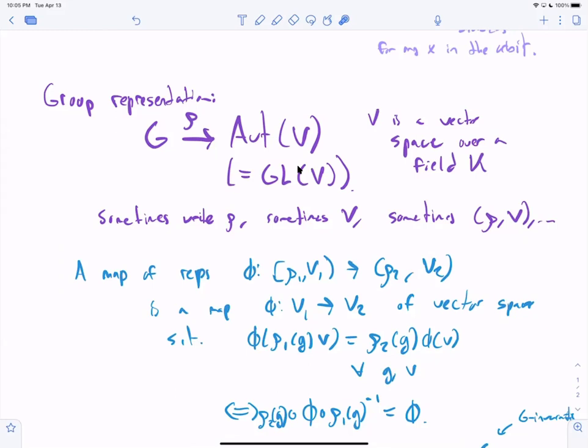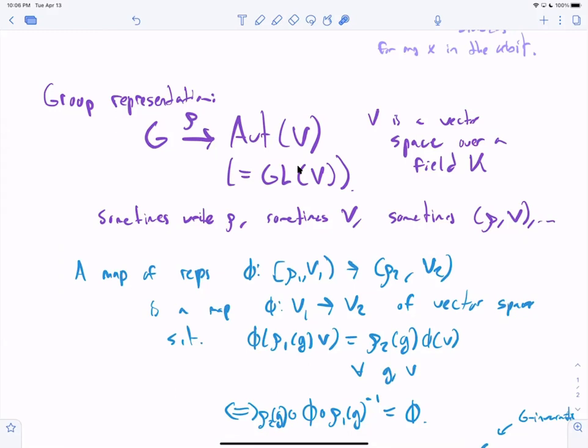Just in the same way that thinking about G sets was crucial to proving the Sylow theorems, thinking about group representations gives you another way to understand groups through their symmetries, through the way they act on more concrete objects, and you can use that to study the structure of groups. For example, to prove Burnside's theorem. So it's useful from the aspect of internal group theory.